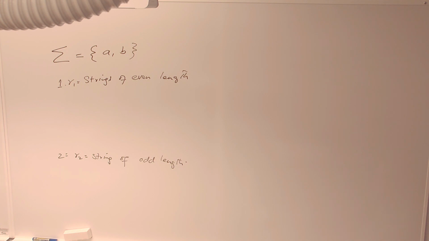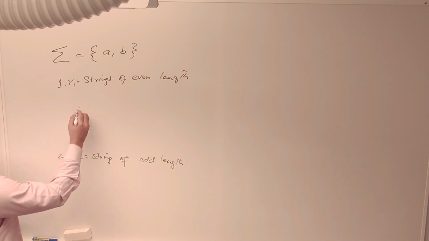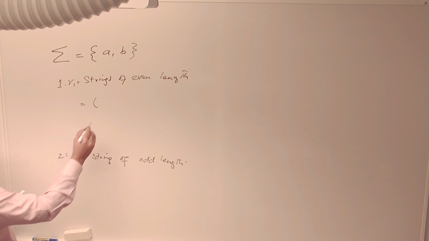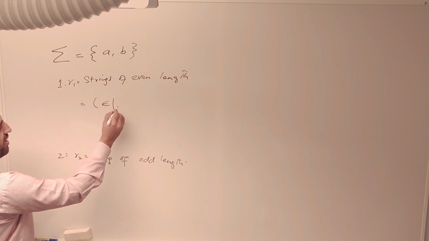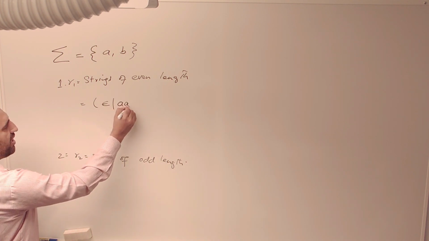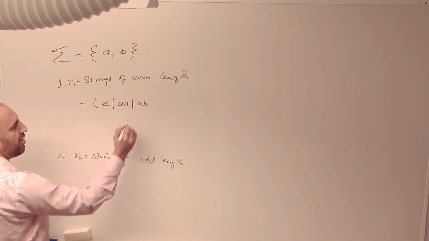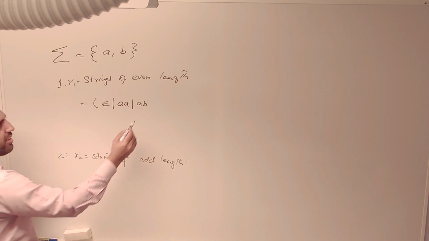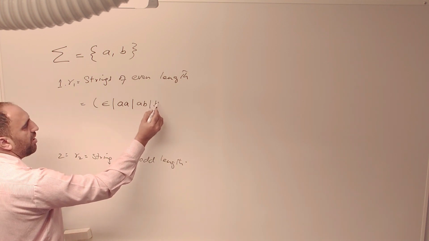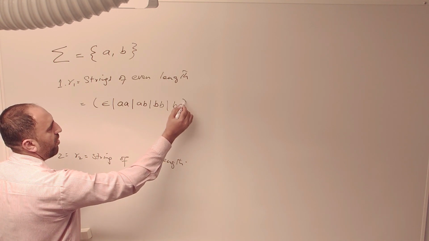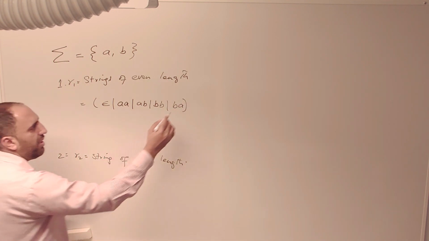Within parentheses, having the empty or AA, or AB, BB, or all the different combinations, and having those multiplied.